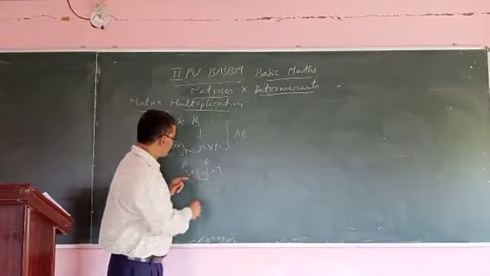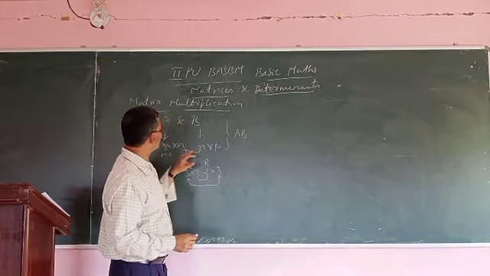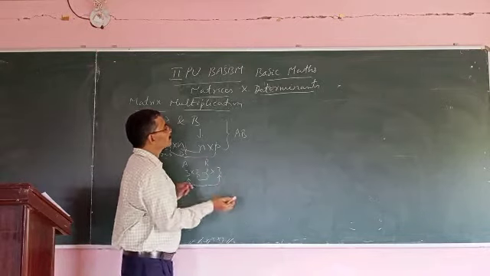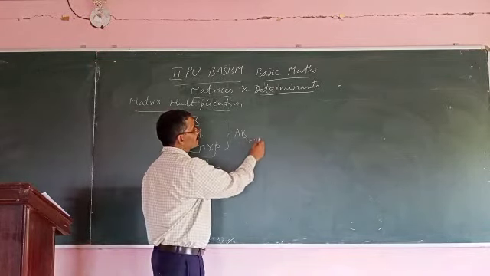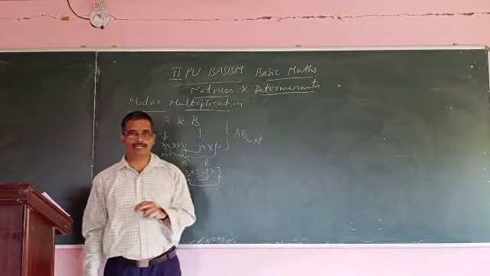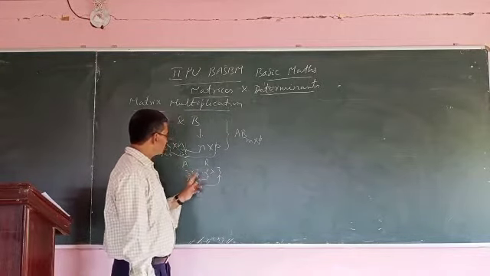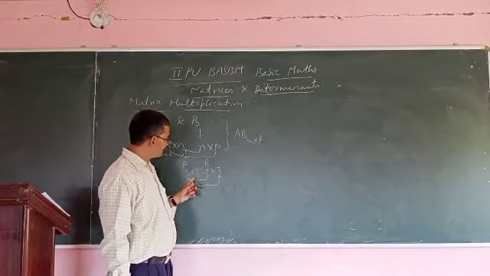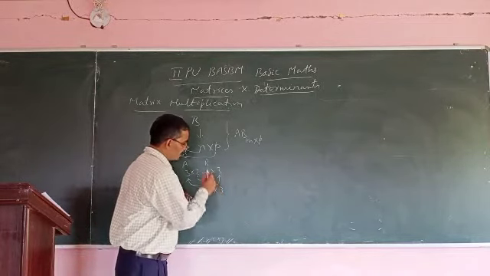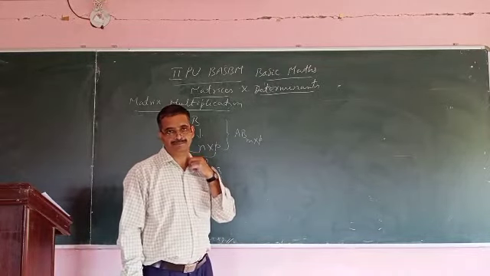If you multiply m cross n with n cross p, the multiplication will give you a matrix of the order m cross p. Important: if you have 3 cross 2 and 2 cross 3, then it is possible to multiply, and the result is of order 3 by 3.